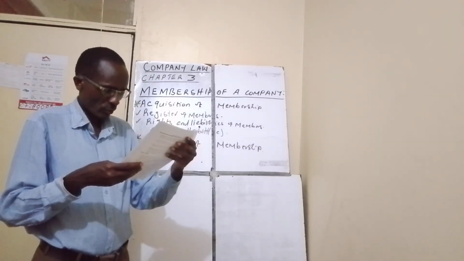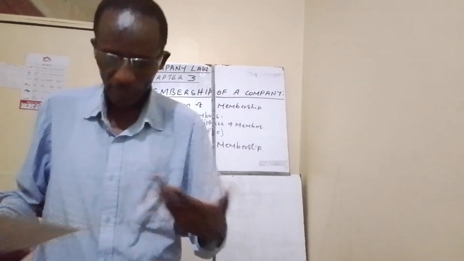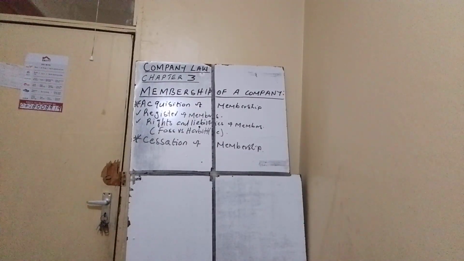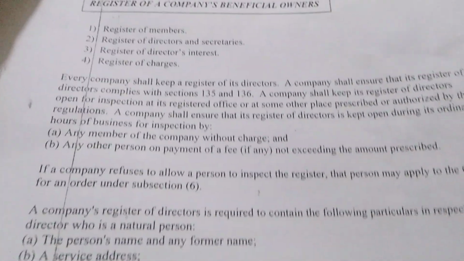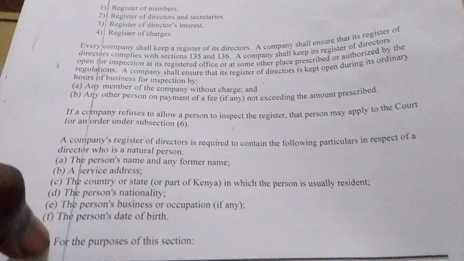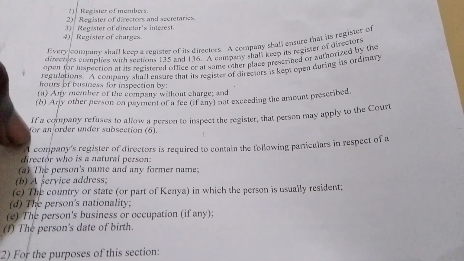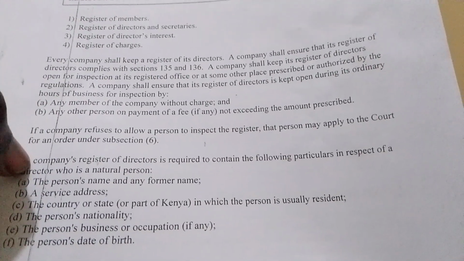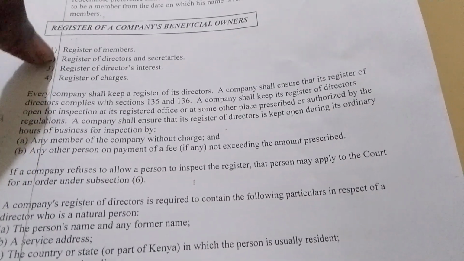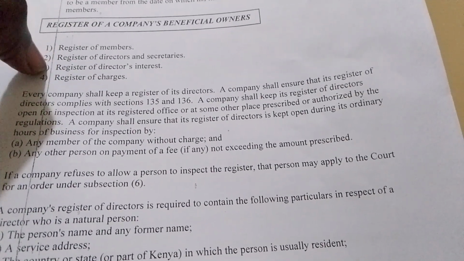You can just check what you find in the register of directors. You expect the register of directors to contain these details. However, we'll be coming back to that as we progress.